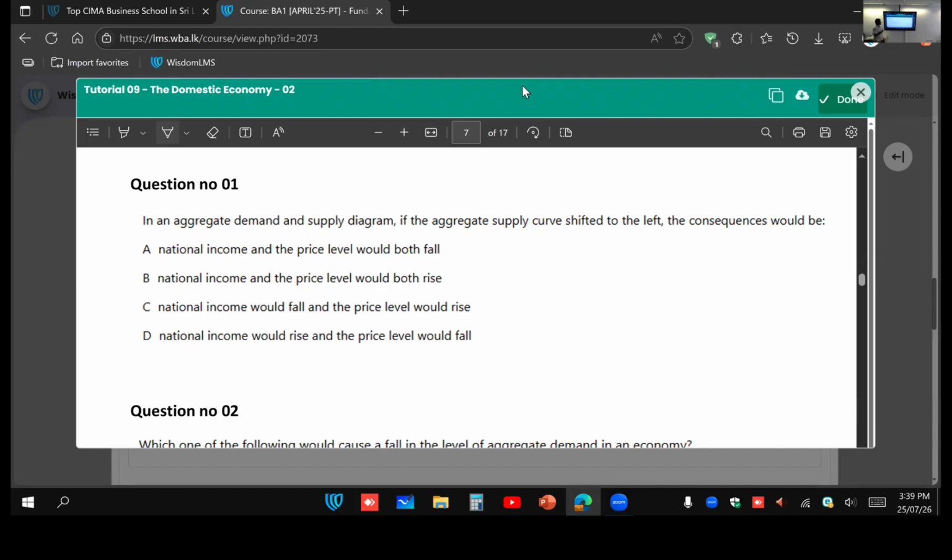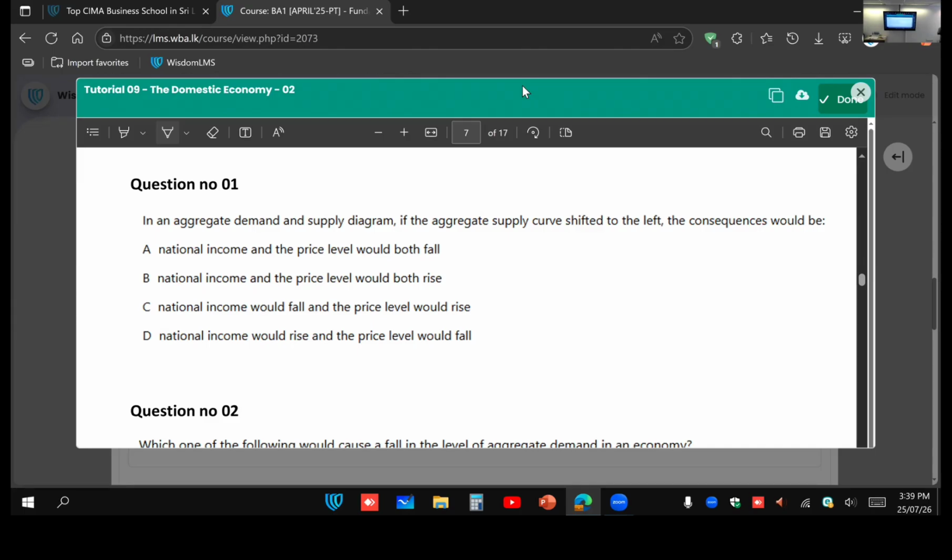So in an aggregate demand and a supply diagram, if the aggregate supply curve shifted to the left, what would the consequences be? Aggregate supply curve shifted to the left means aggregate supply has increased or decreased? Decreased. So what would happen then?